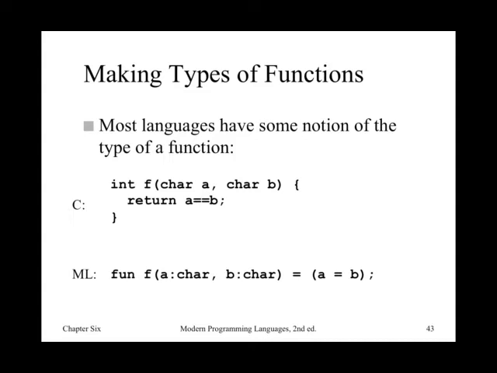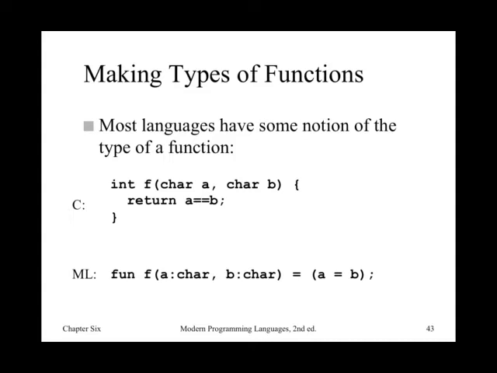In this case, I'm going to make a comparison of A equal to B in the C language, and clearly we look at that and say, that looks like a Boolean. But our function has said you've got to return an int. So we're going to probably return 1 if that's true, and return 0 if it's false, and we're going to return that as an integer. Meanwhile, in ML, it's a very similar thing.